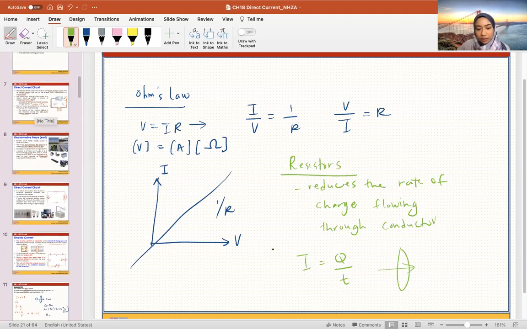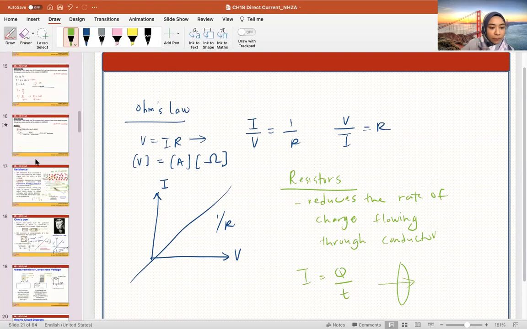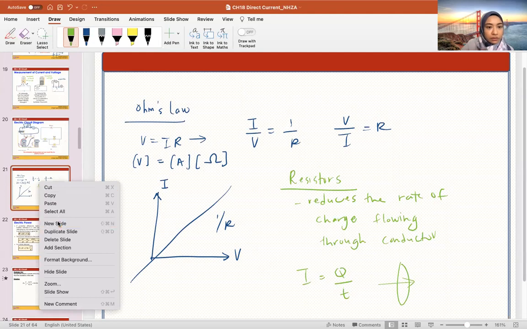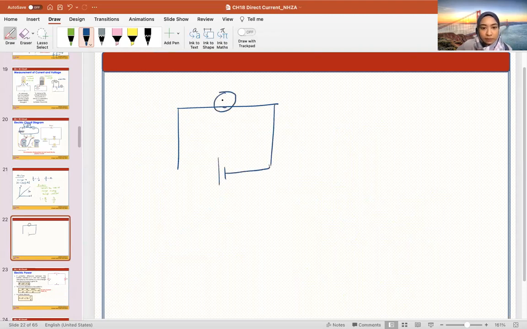And I talked about how, for a circuit to work, you need to have a closed circuit and also a battery. So let's say that we have a bulb over here. It must be closed and it must have a source, which is your battery.